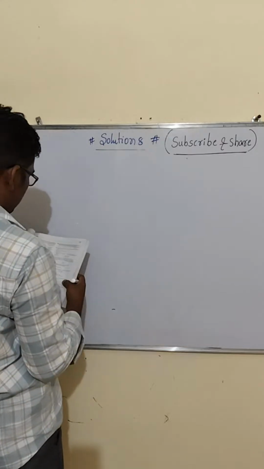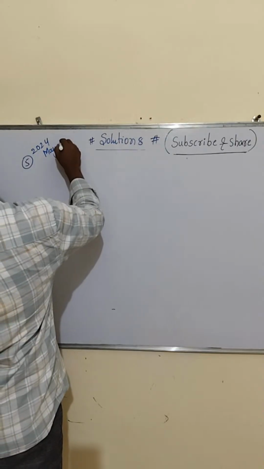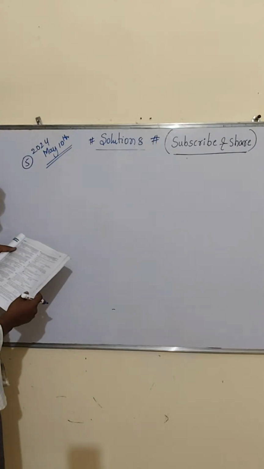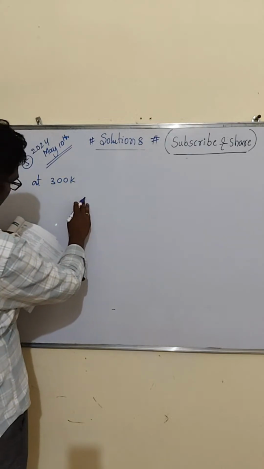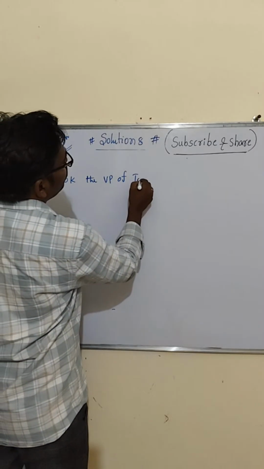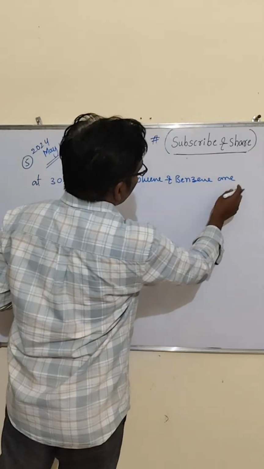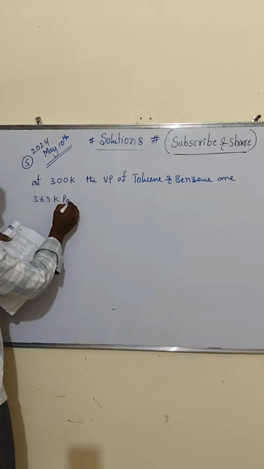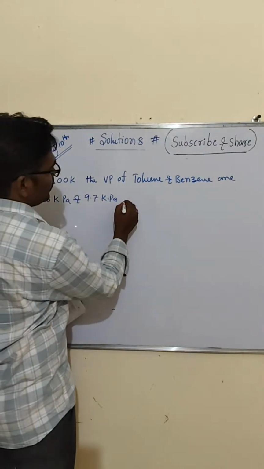This question was given in the May 10th, 2024 exam. The question is: at 300 kelvins, the vapor pressures of toluene and benzene are 3.63 kilopascals and 9.7 kilopascals respectively.